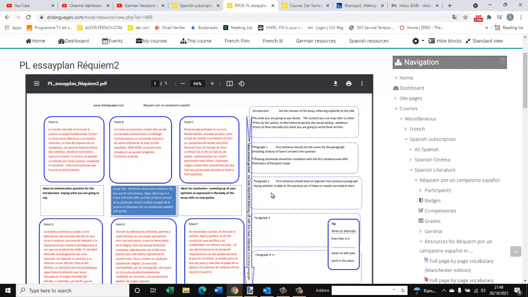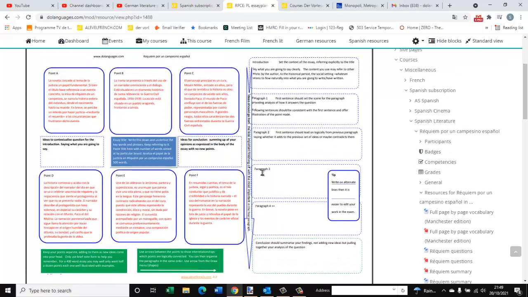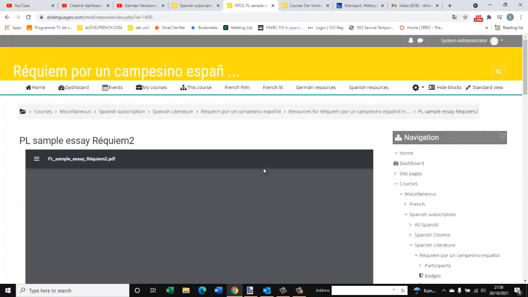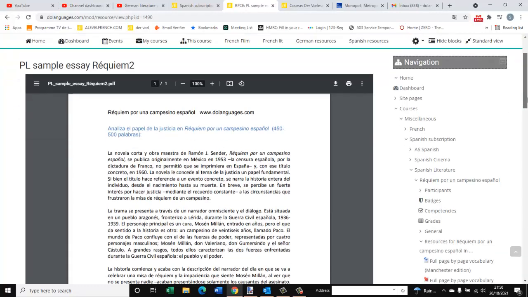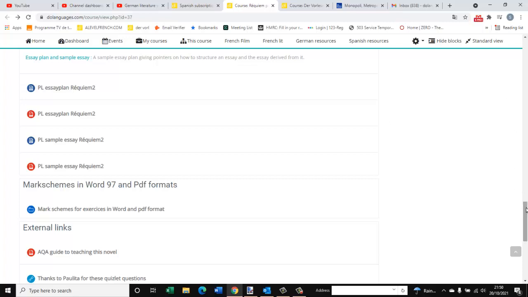And then the notion of short introduction, conclusion with fairly regular standard length paragraphs, with the sample essay following on to give an example.